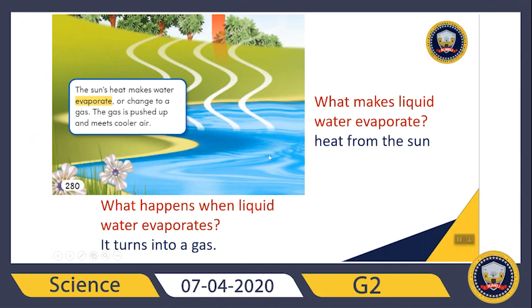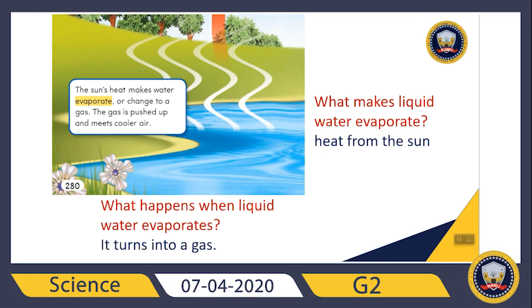We have water here, and the heat of the sun makes water evaporate, or change to a gas. The gas is pushed up and meets colder air. So, the first step of the water cycle: the heat of the sun makes water evaporate or change to a gas.